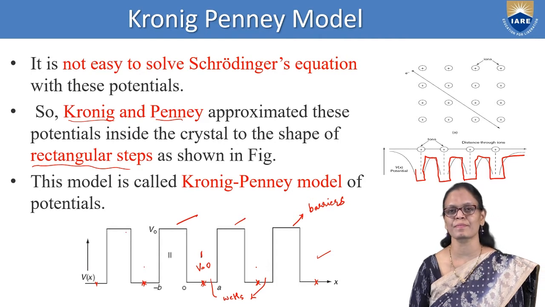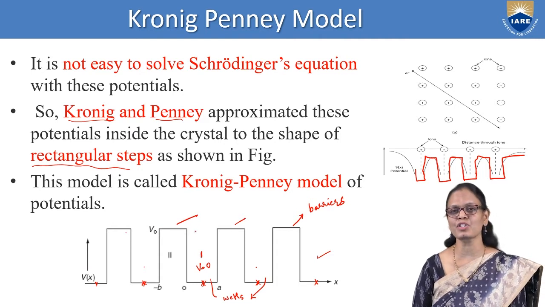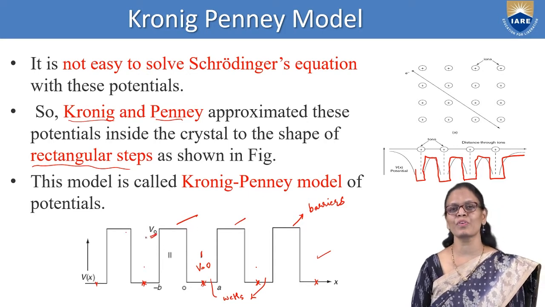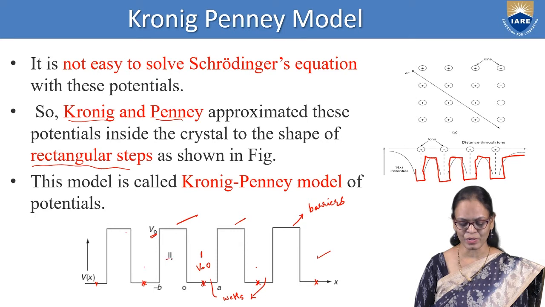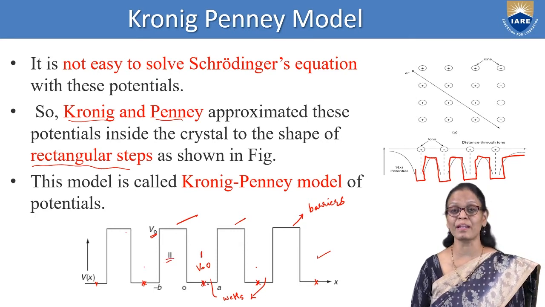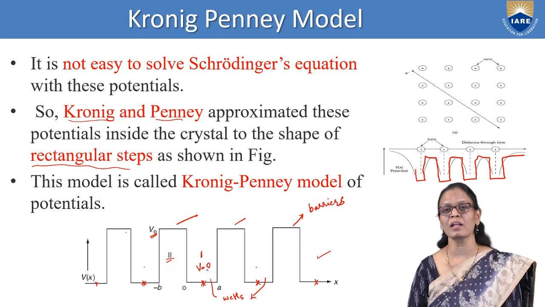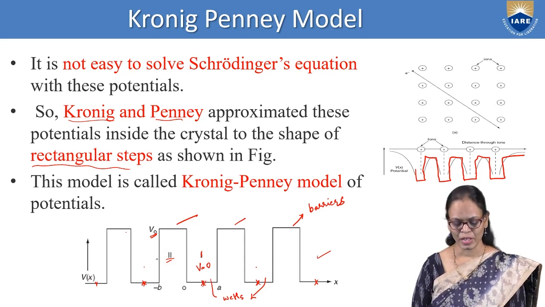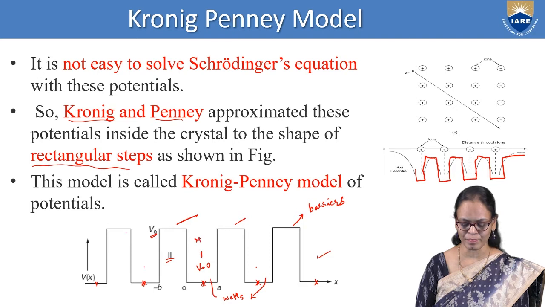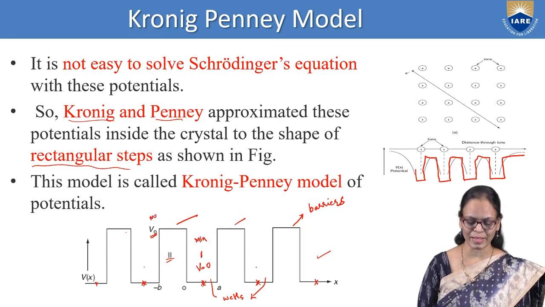And the height of the potential barrier is denoted by V0. And I denote it as region 2. So region 1 is a well where the potential is 0. Region 2 is a barrier where the potential is V0, the maximum. So this is minimum and this is maximum.